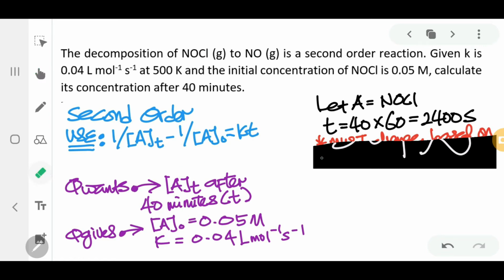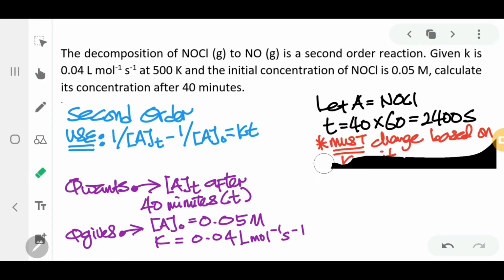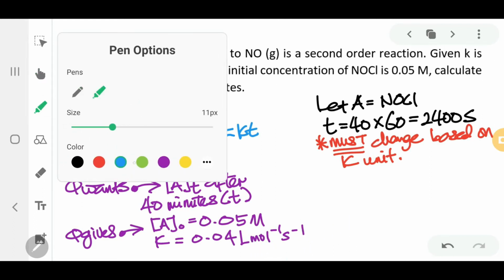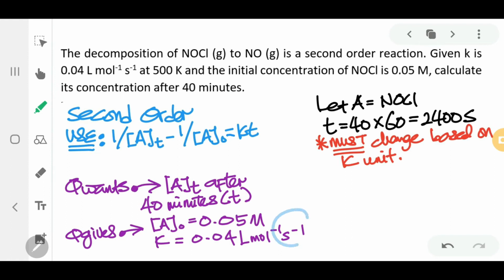You cannot use 40 minutes right away, because it must be changed based on the K units. The K units right now are liter per mole, and if you look here, per second. You have that indicator over there, so we need to have time in terms of seconds.